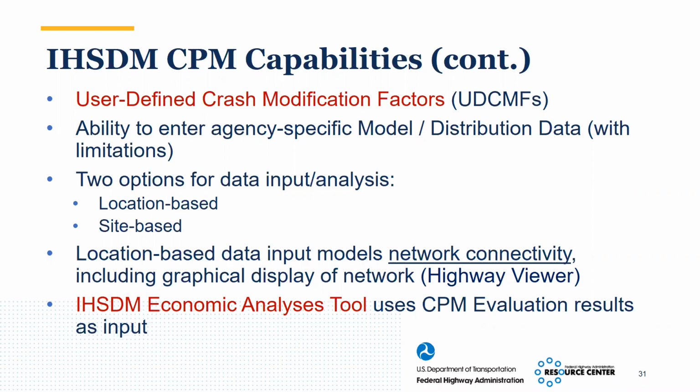So it knows that these different pieces are related to each other. And that includes the ability to have a graphical display in what we call the highway viewer. Also importantly, and again, we'll focus on this as part of this workshop, there is an economic analysis tool which uses crash prediction module evaluation results as input.